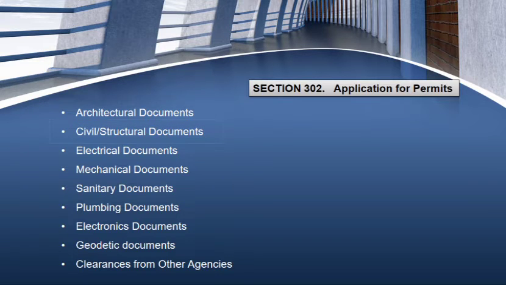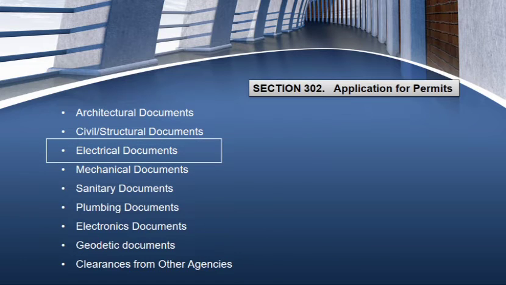As for civil or structural documents, letter A, site development plan; B, structural plans; C, structural analysis and design; D, boring and load test; E, seismic analysis; and F, other related documents.